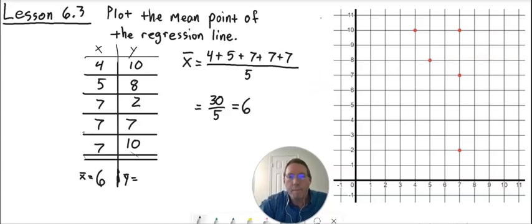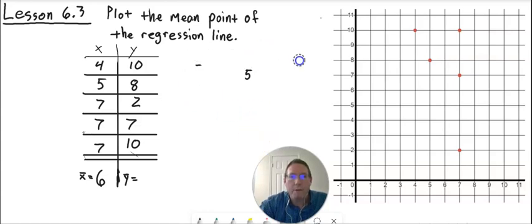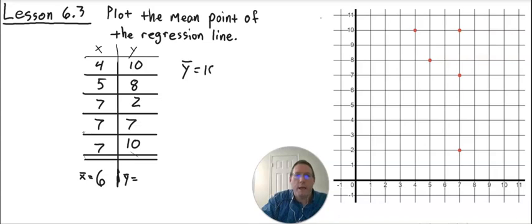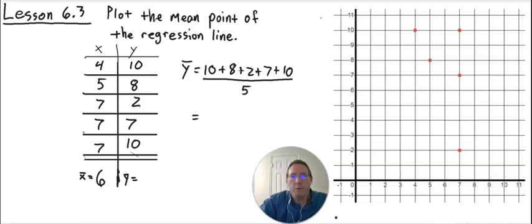Now let's identify the mean of all the y values, of all the y coordinates. So y bar is going to be equal to 10 plus 8 plus 2 plus 7 plus 10, all over 5. Which is 10 plus 8 is 18, plus 2 is 20, plus 7 is 27, plus 10 is 37.